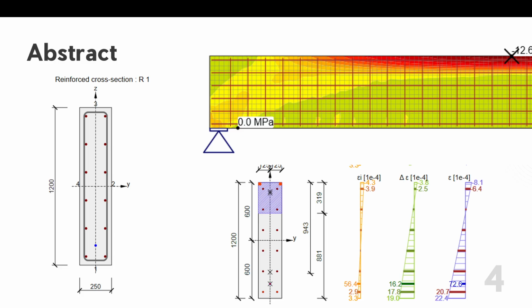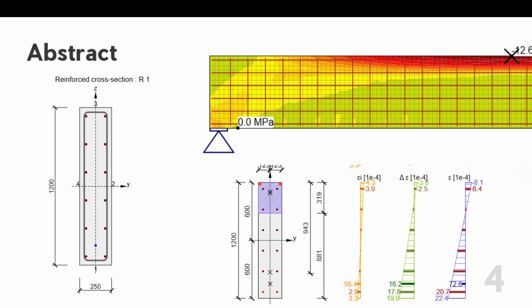As you can see, it's reinforced by stirrups with diameter 12, and there are also equally distributed longitudinal reinforcement bars along the length of the beam with diameter 16, and also the tendon.